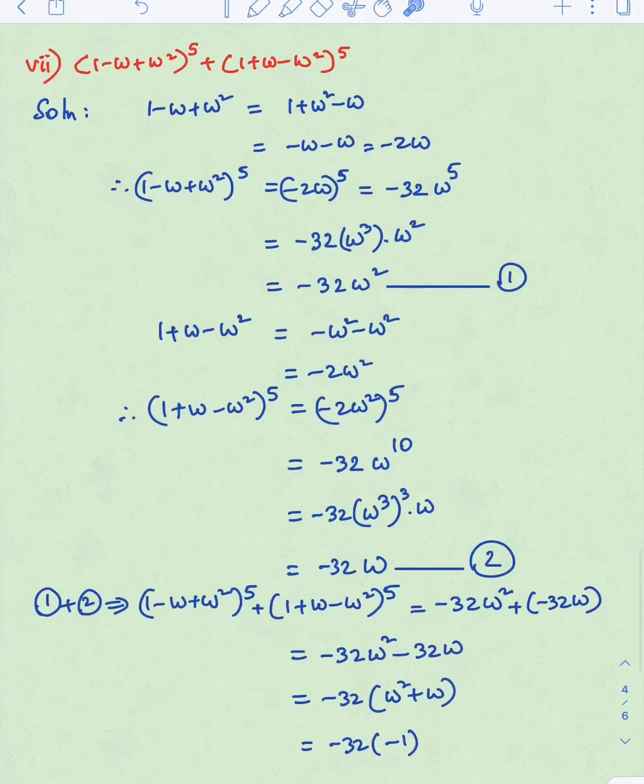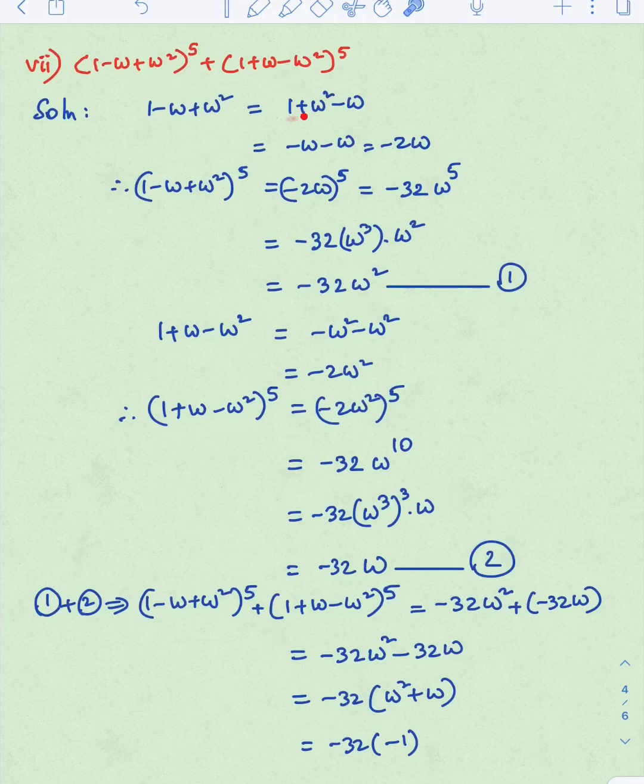Next, seventh one. 1 minus omega plus omega square whole power 5 plus 1 plus omega minus omega square whole power 5. First part, 1 minus omega plus omega square. This is 1 plus omega square minus omega. I rearranged the terms, second and third changed.